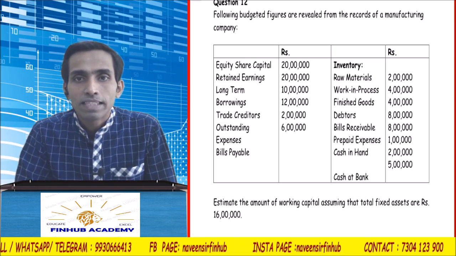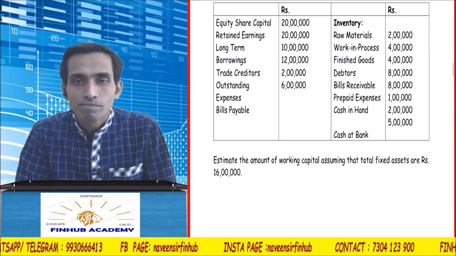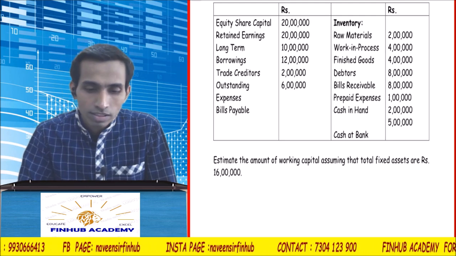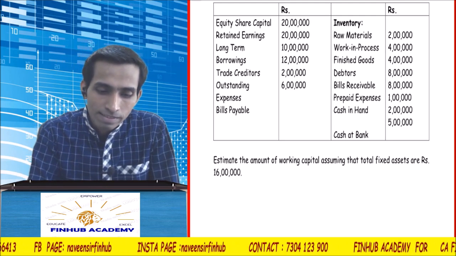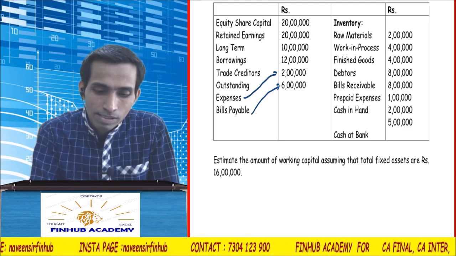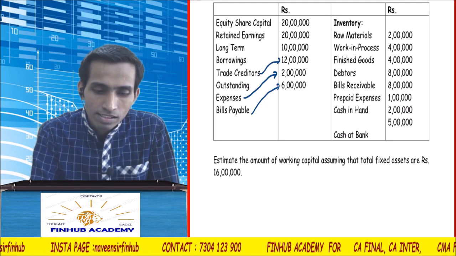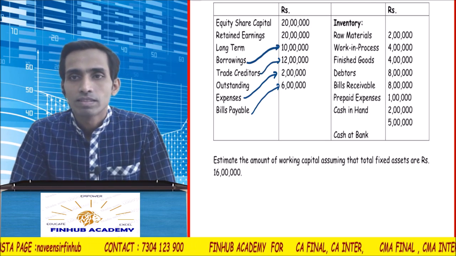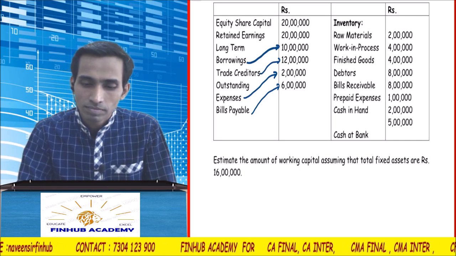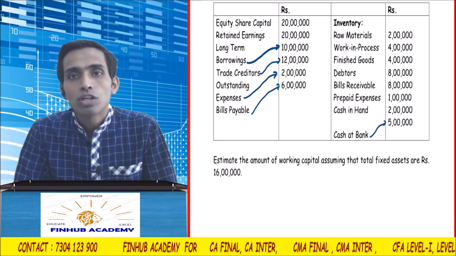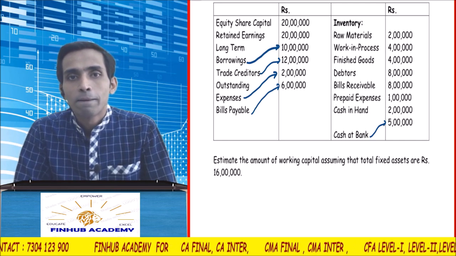Equity share capital is 20 lakhs. Retained earnings is 20 lakhs. Please mark this: bills payable, outstanding expense, trade creditors, long-term borrowings. And this is your cash bank. Long-term borrowings is 10 lakhs.